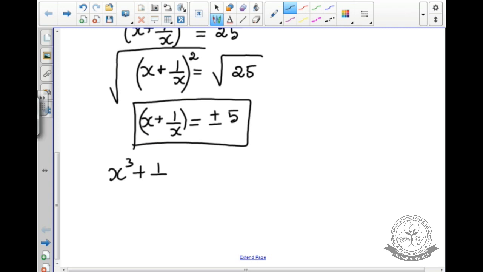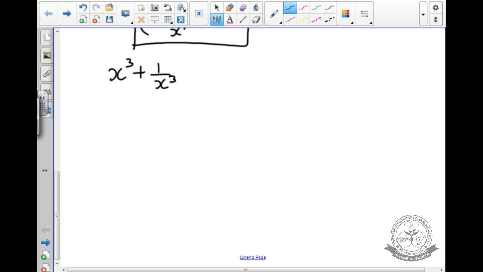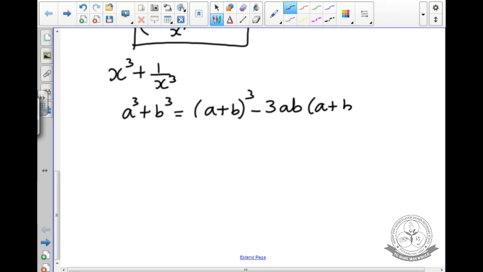We know the formula: a cube plus b cube is equal to a plus b whole cube minus 3ab into a plus b. In this you can choose a is equal to x and b is equal to 1 by x.